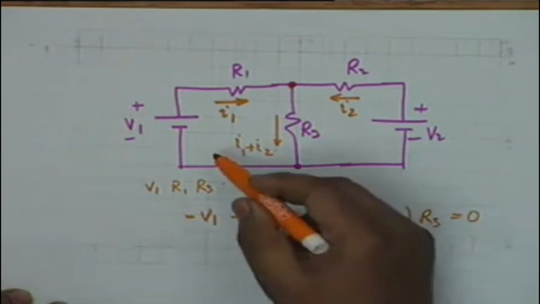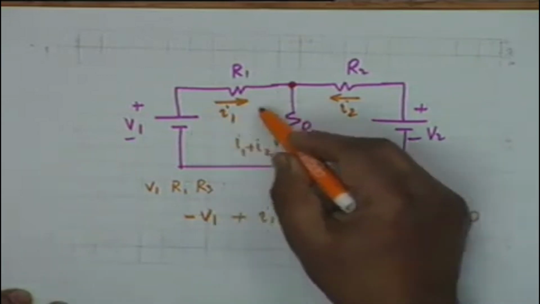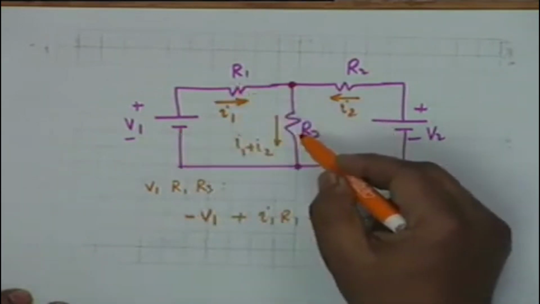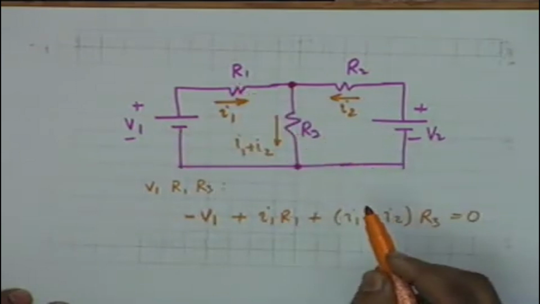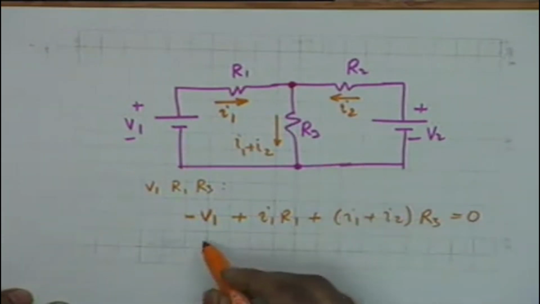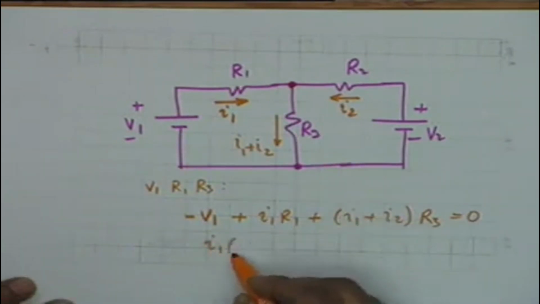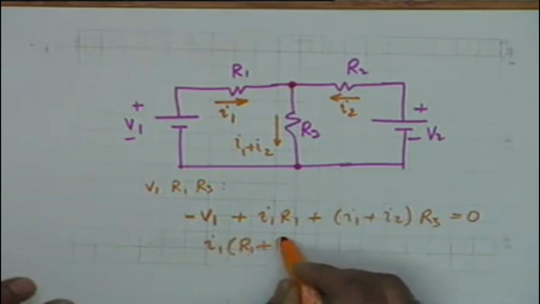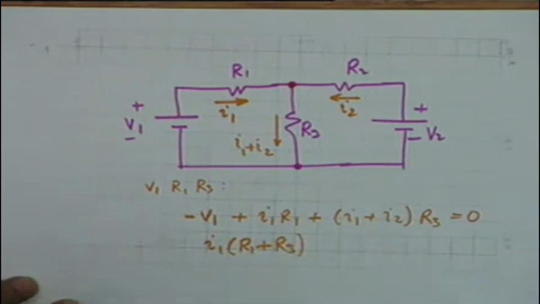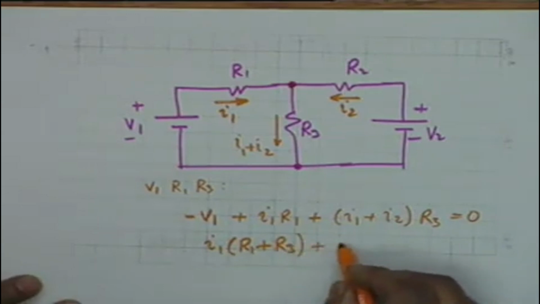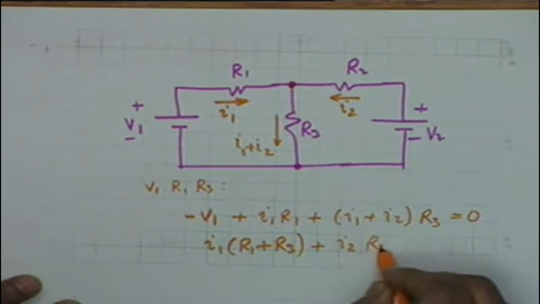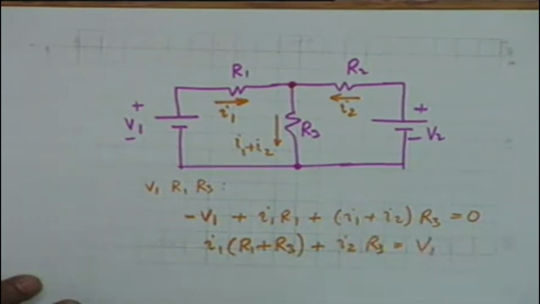This is the application of KVL around this loop V1 R1 R3. Is it okay? Which I can write in a slightly different manner. I can write, by simplifying, I1 times R1 plus R3 plus I2 R3 is equal to V1.